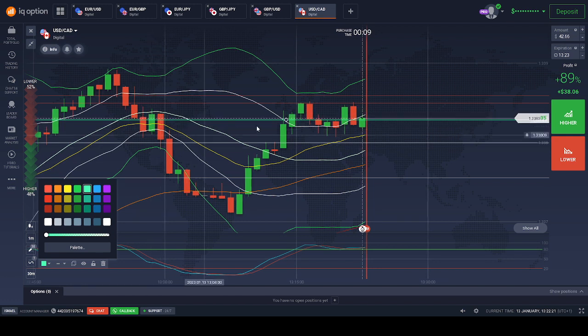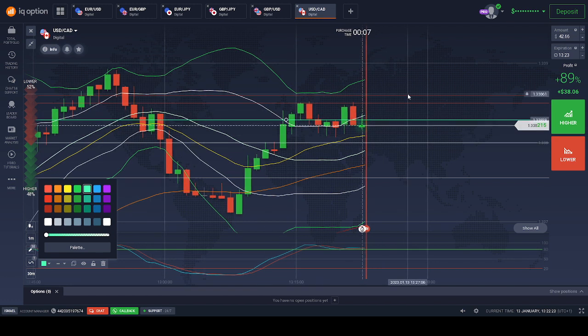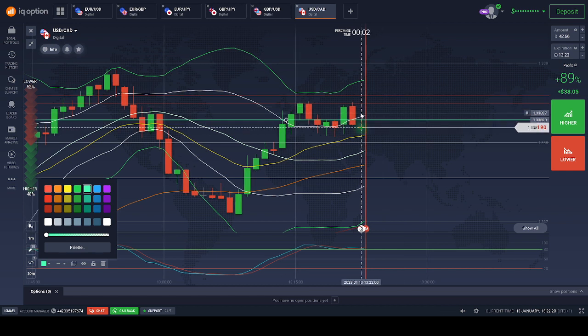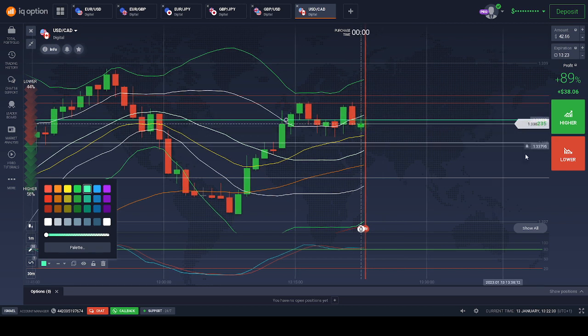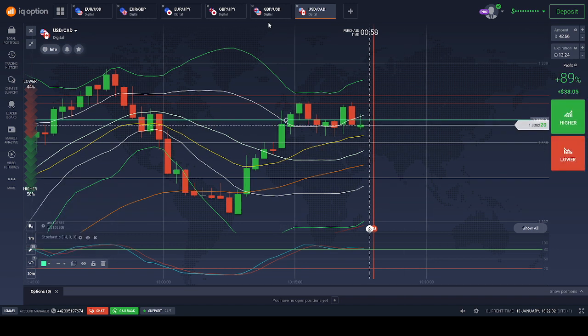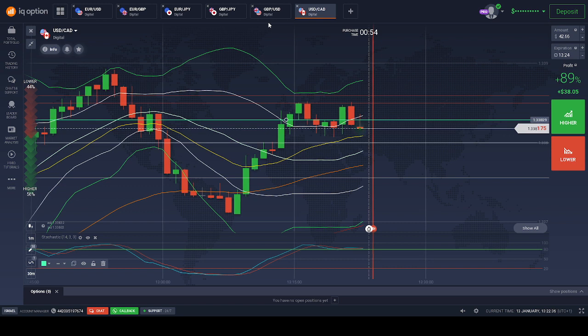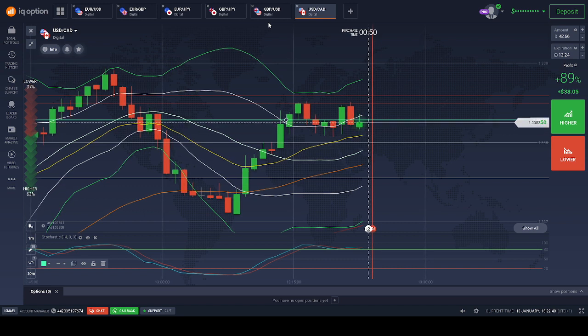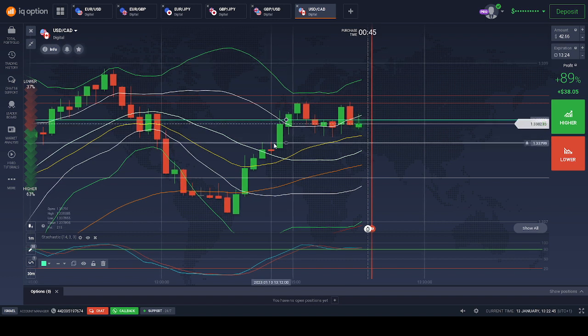So I don't know, but it is a double top. Let's find the right entry point, but it is a double top. And if it is a double top, it will reach at least here.